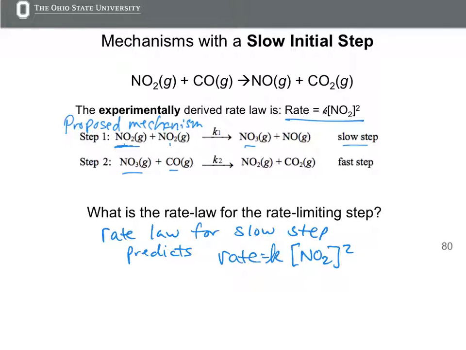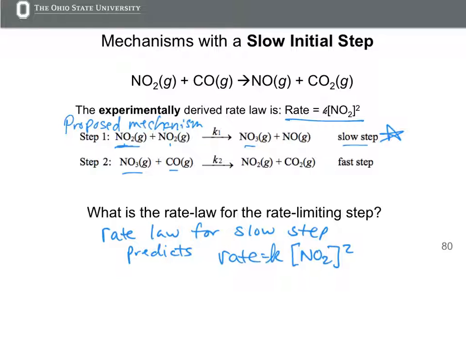Okay? So the rate law is going to be what's controlling the rate of a reaction. And if you have a really fast step in comparison to a slow step, that really fast step doesn't really matter. Okay? It's the slow step that's going to play the bulk of the role in determining the rate law.